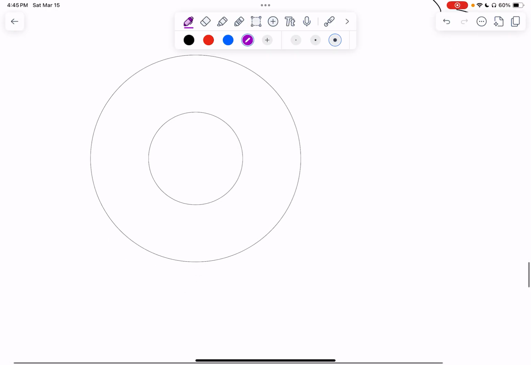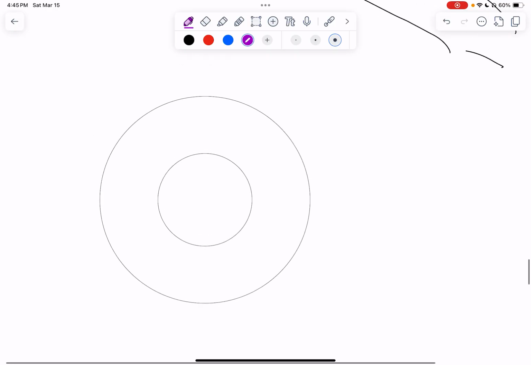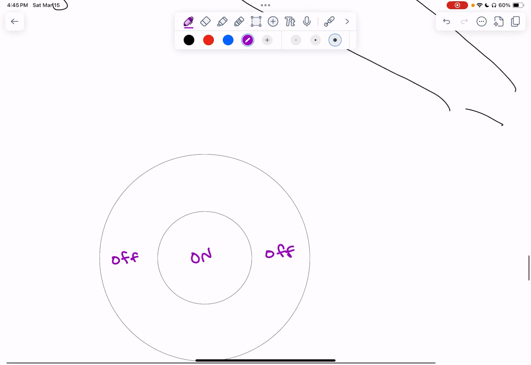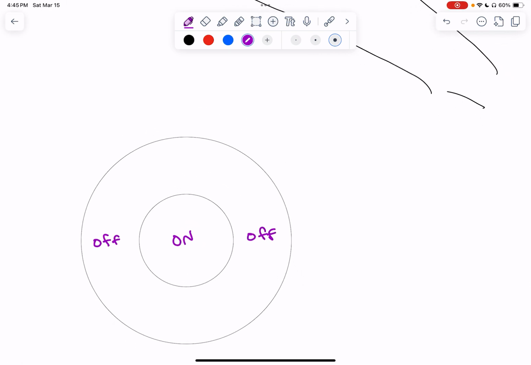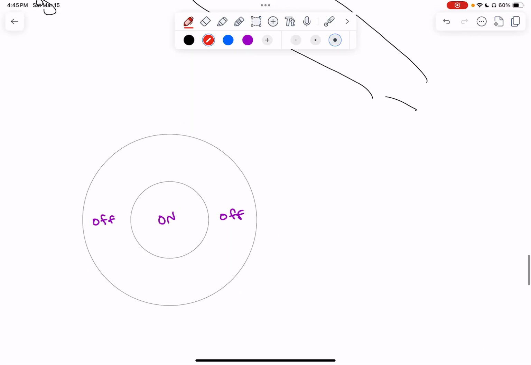Let's say for the time being, we have an on center, off surround photoreceptor field. And let's say that we have light that comes in and it hits the entirety of the photoreceptor field like so.